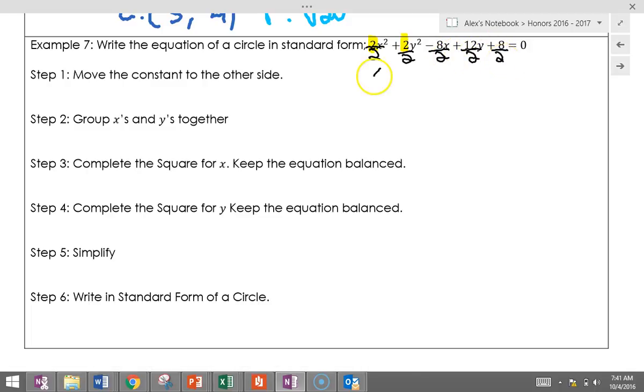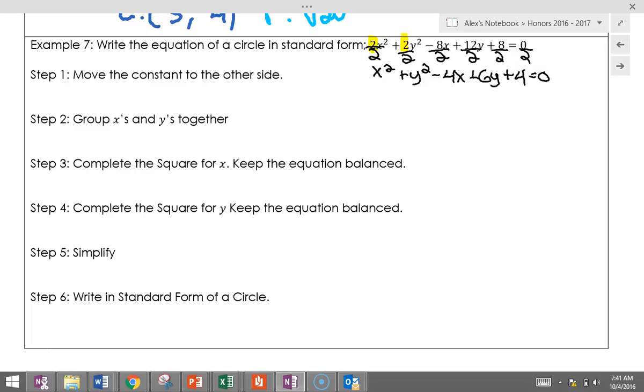So I really have x squared plus y squared minus 4x plus 6y plus 4 equals 0. If you ever see a number in front of your x squared and your y squared, you divide everything by that number.